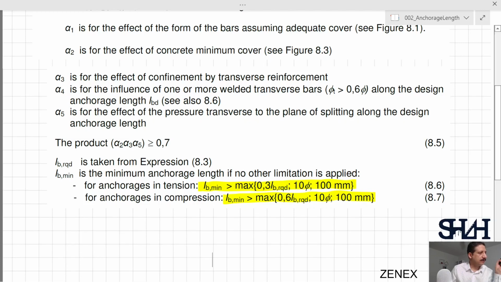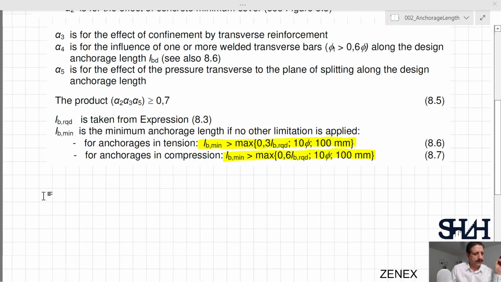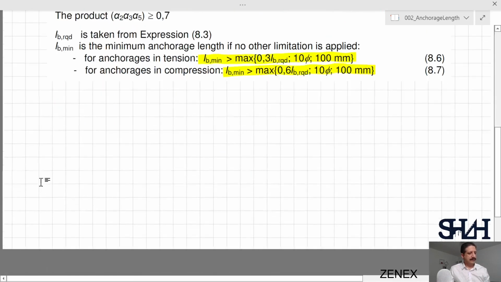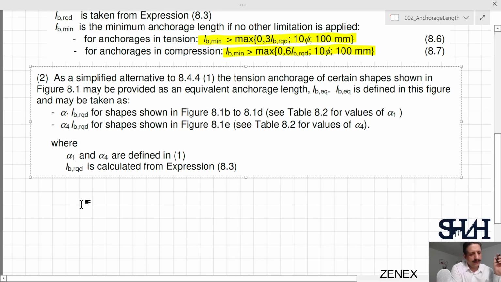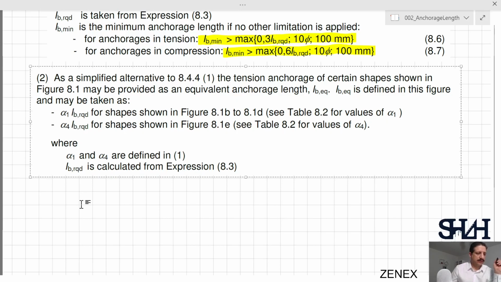For calculation of alpha 1, 2, 3, 4, 5, we need to check the table, but before that, the same clause, part 2, as a simplified alternative to 8.4.4.1, the tension anchorage of certain shapes shown in figure 8.1 can be calculated for B to D, alpha 1 times LB required, and for 8.1e, we can just calculate alpha 4, which is related to transverse reinforcement, which is welded to the longitudinal reinforcement.